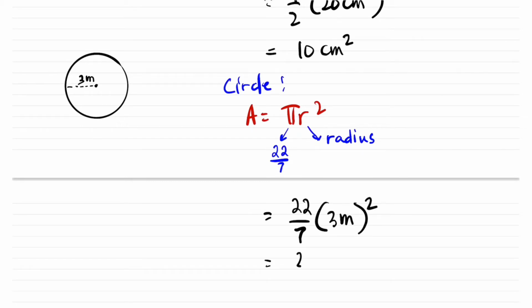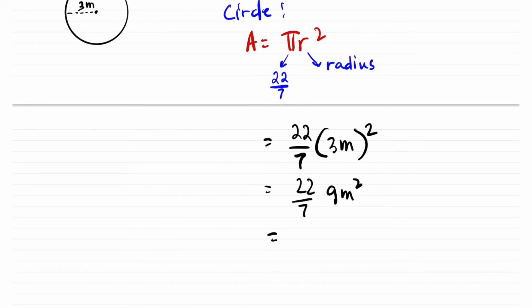Alright, so we have now 22/7 times 9 meters squared. So we have 22 times 9. This is equals to 198 meters squared divided by 7.